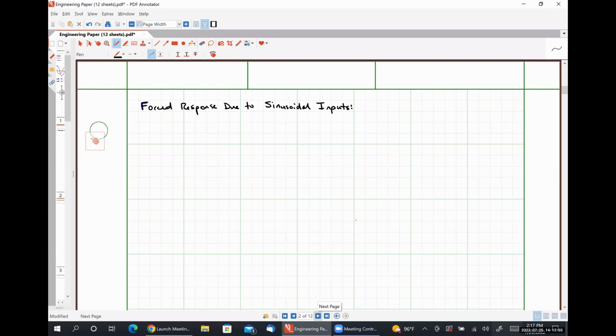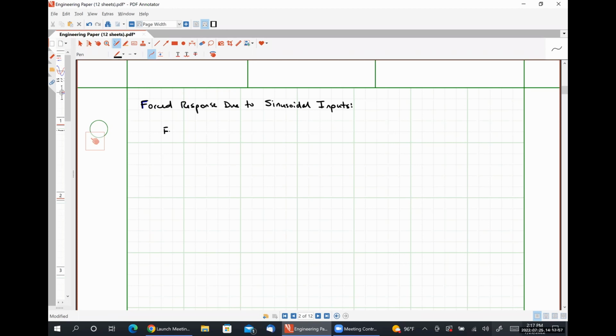So let's say that I have a simple DC circuit where I have some DC voltage Vs connected in parallel to some resistor R, connected in parallel to some capacitor C.